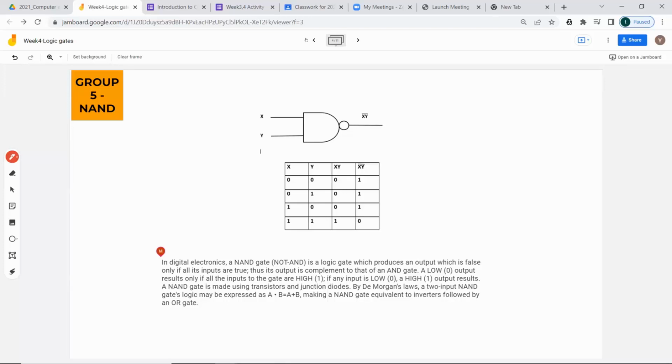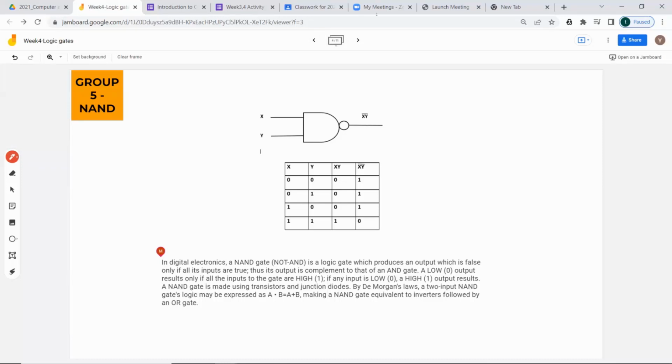A NAND gate is an AND gate and a NOT gate combined. By De Morgan's law, the 2 input NAND gate logic may be expressed as a dot b bar equals a bar plus b bar, making a NAND gate equivalent to an inverter followed by an OR gate. Okay, good. Thank you, Adil.